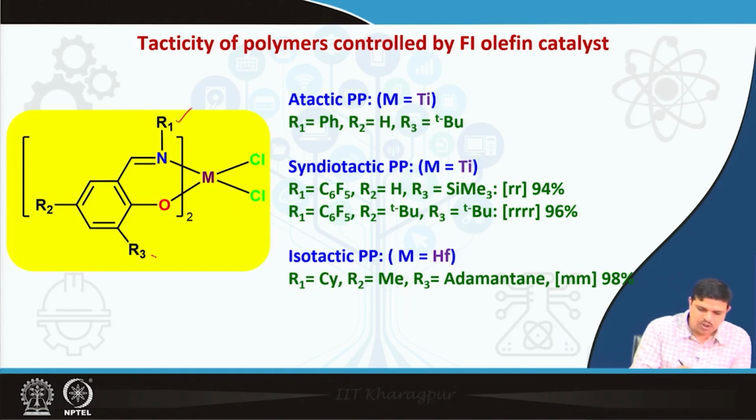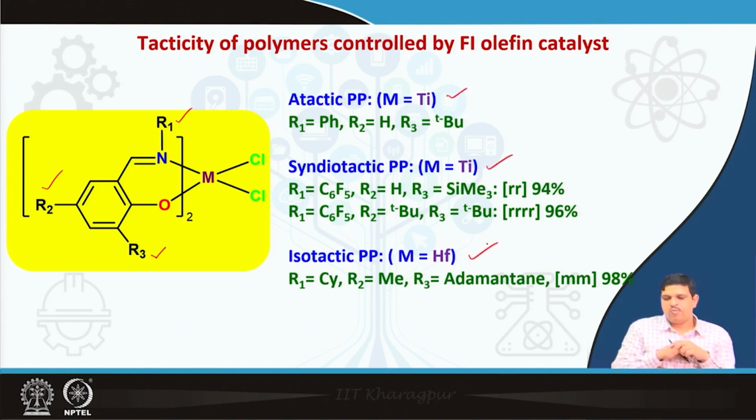You have three options, R1, R2 and R3. Depending on inducing asymmetry or installing different substituents, you can also get atactic, syndiotactic or isotactic polypropylene if you use propylene as a monomer. So highly active, and you can also get tacticity in the polymer. So you are fulfilling both criteria, with a comparatively cheaper catalyst.